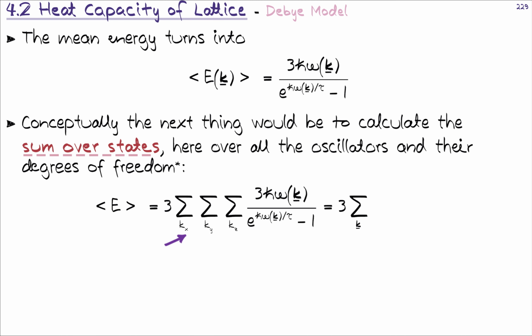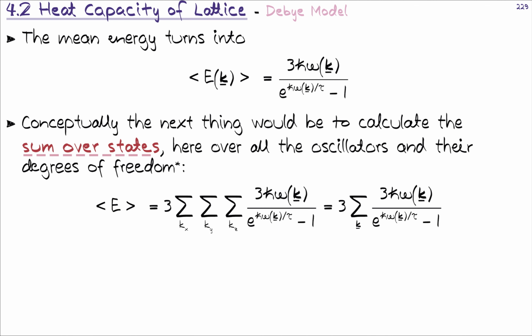So here they would say that this is a triple. But I'm not a mathematician, so maybe I will just say that we sum over k values. This is a lot less clunky notation, but please be warned that it might not always be obvious what is actually being summed over, because we have a vector as the dummy variable we're summing over. So please remember that it's actually now 3 summations.